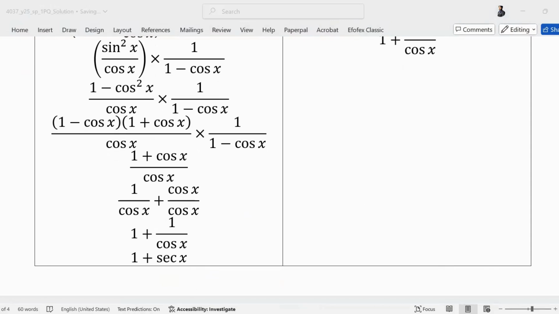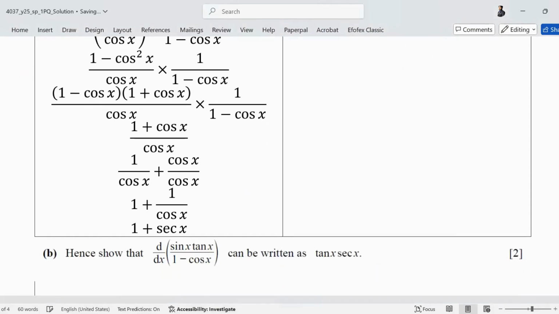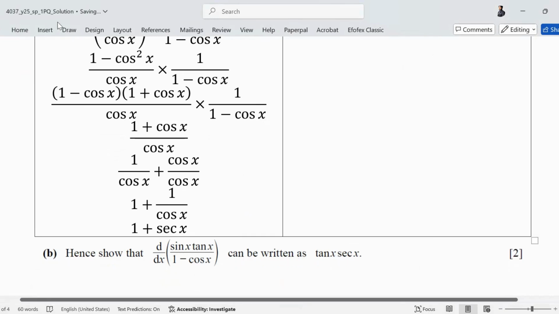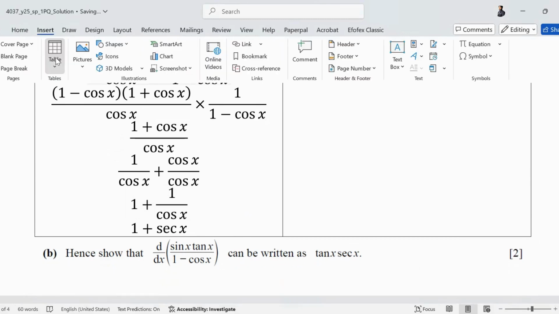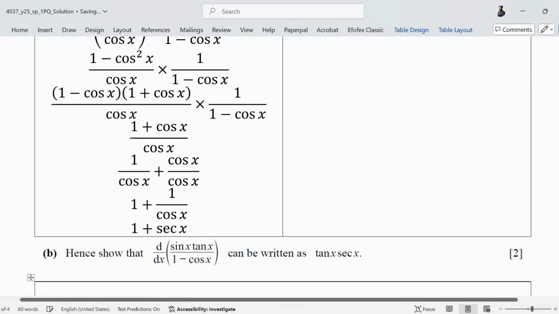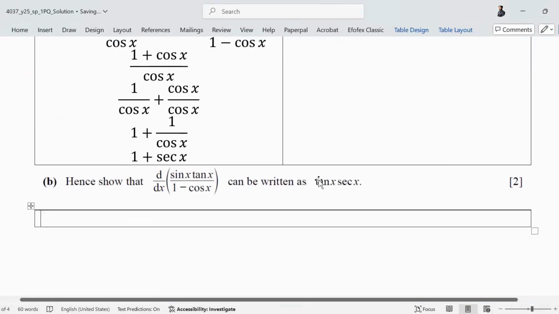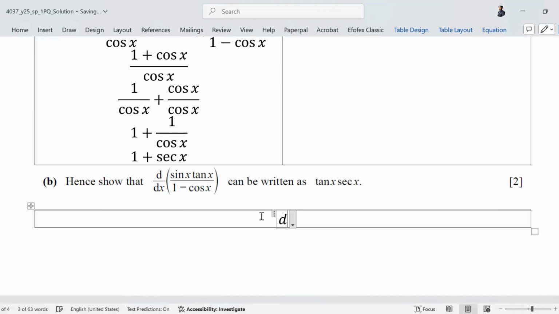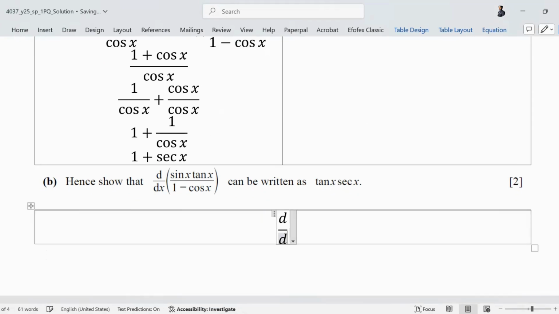Moving on, we now need to differentiate this entire thing. Sin x tan x upon 1 minus cos x, which is 1 plus sec x, and the derivative of this entire thing is tan x sec x. Okay. So if I want to differentiate this, I will basically have to differentiate 1 plus 1 over cos x.